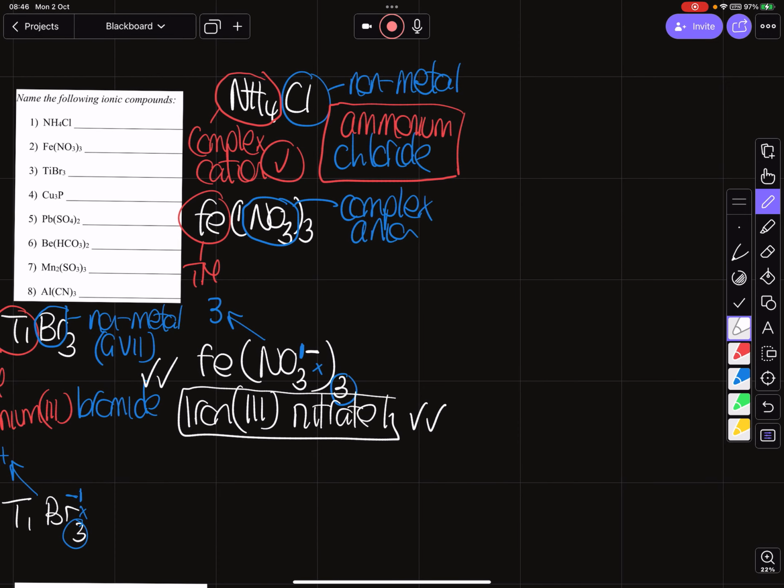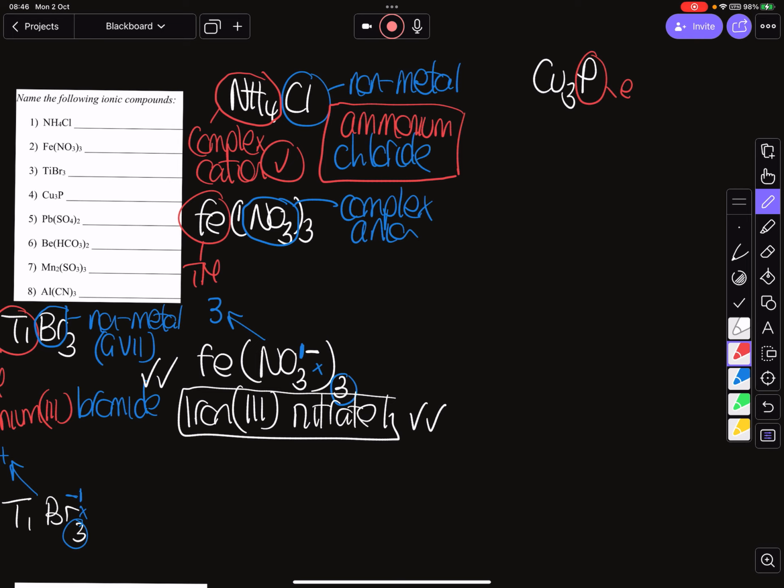Our next one that we're looking for is Cu3P. So again, what am I looking for? Here, it's just an element by itself. It's a non-metal. It is phosphorus, which is in group 5, so it is going to end in a phosphide when we get there. This copper is a transition metal, so it's going to have variable valency, so we need to figure out what that's going to be.